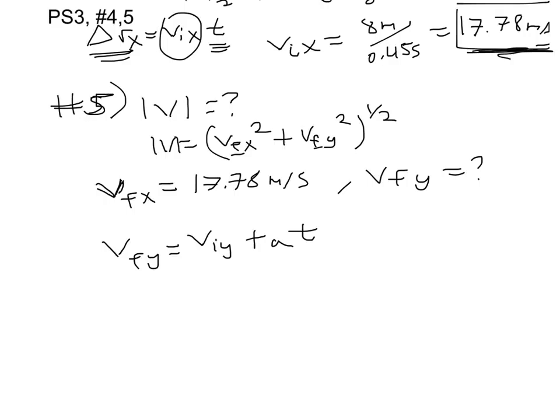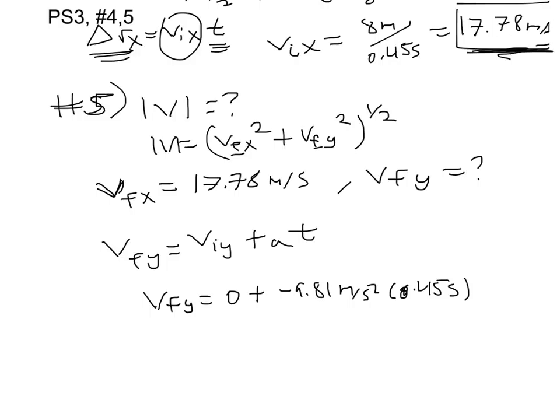Let's put in our known quantities. The final velocity in the y direction is going to equal 0, since there's no initial vertical velocity, plus negative 9.81 meters per second squared, that's an acceleration, multiplied by the elapsed time, which is 0.45 seconds.